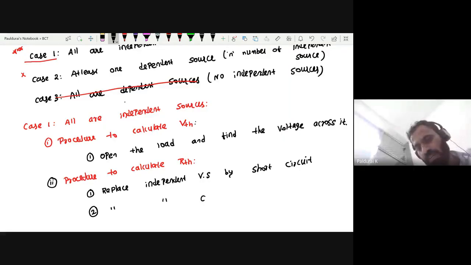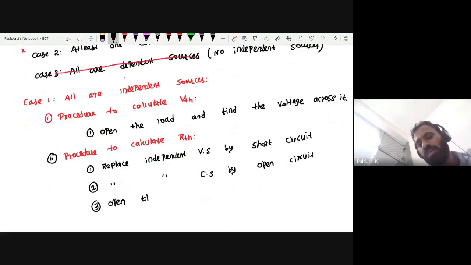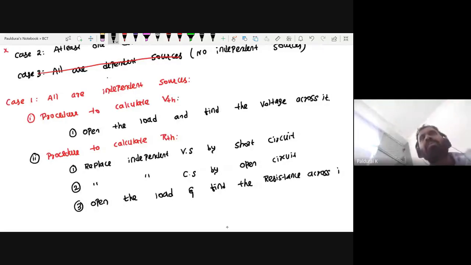Second point, replace the independent current source by an open circuit. After replacing these, third point, now open the load and this time find the resistance across it.